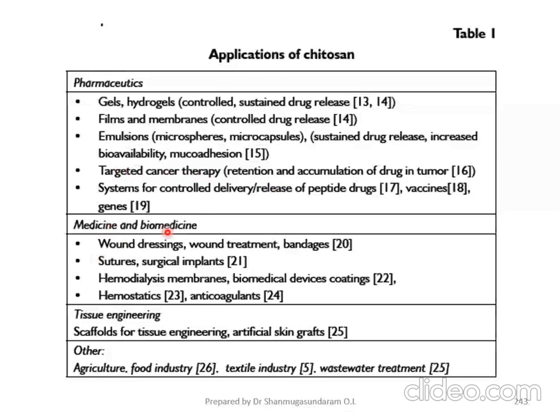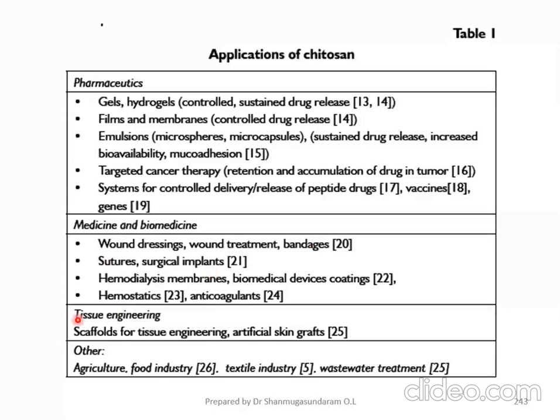Then coming to the medicine and biomedicine applications. It is used in wound dressings, wound treatment. Then it is used in the manufacturing of bandages. So you can produce bandages out of the chitosan polymer. Sutures, surgical implants.